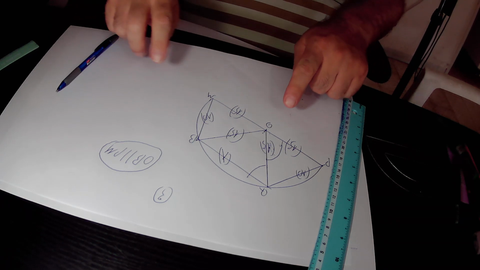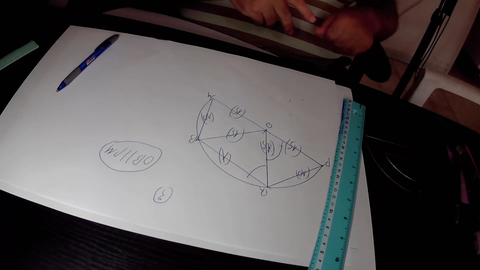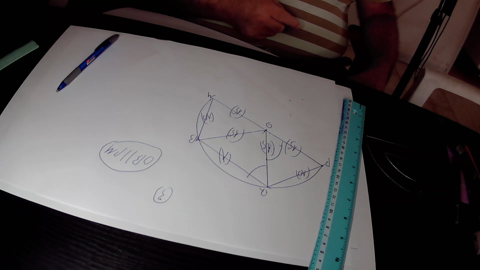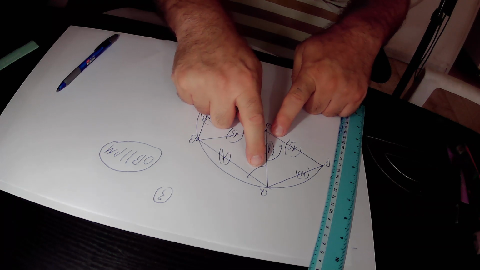Therefore, according to rule 15, they are equal to each other in their sizes. Those two angles must be equal to each other according to rule 15.